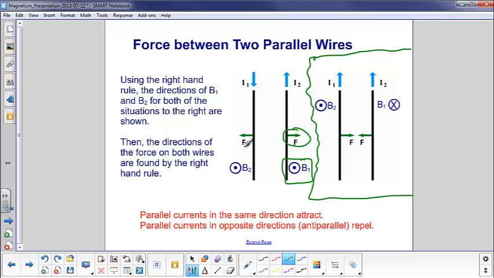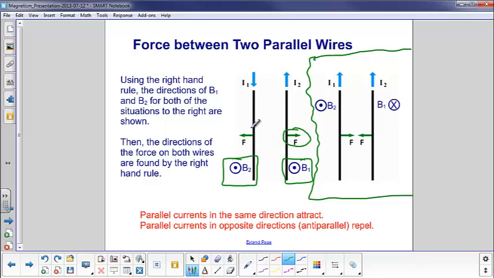Now let's look at what's happening over here to wire 1. The magnetic field due to wire 2, this B2 here, is coming out of the page, because when you put your thumb in the direction of I2 and curl your fingers around, you'll find over here it's coming out of the page. So this magnetic field is due to wire 2.